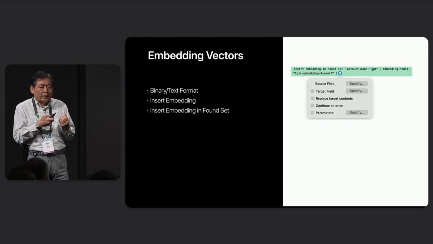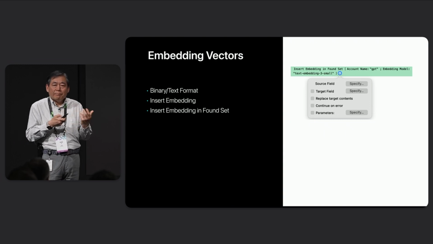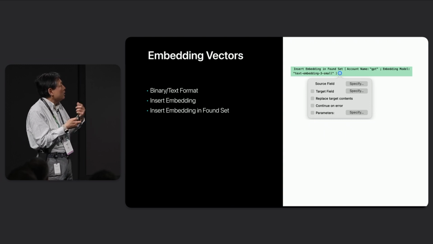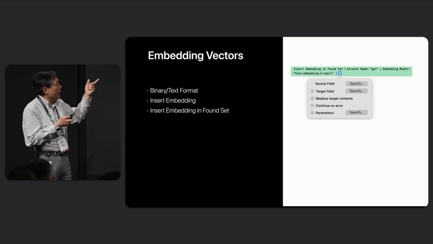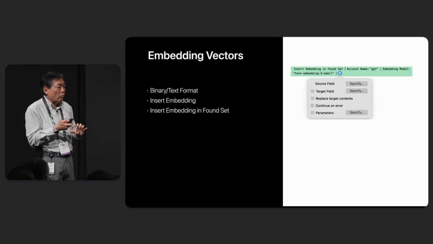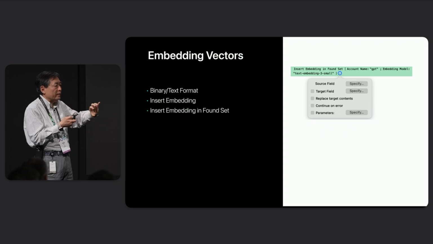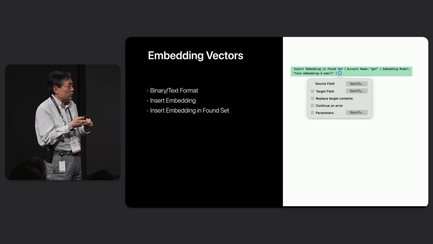Inside the DB engine, we try our best to retry and handle errors for you, but sometimes you still can see errors. That's the reason we give you the option: you want to continue on error or not. And since you might need to run it more than once, we give you the option whether you want to replace or just fill in those that haven't finished yet.